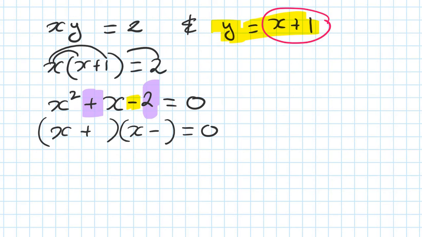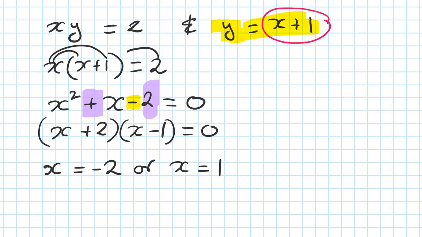So 2 and 1: positive 2 on this side, and 1 on this side. Therefore x is equal to negative 2, or x is equal to 1. My apologies, I misspoke earlier.